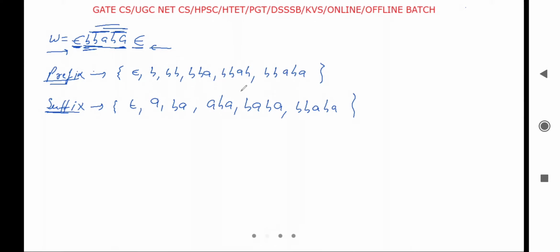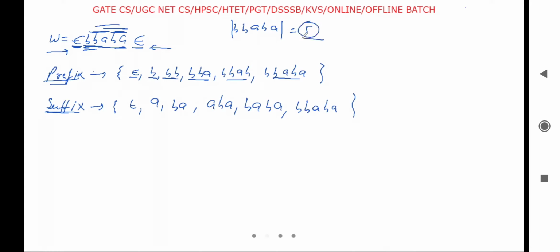Now let's see. Here the number of prefixes is 1 2 3 4 5 and 6. So the number of prefixes is 6. The length of this W, bbaba, is 1 2 3 4 5, so it is 5.